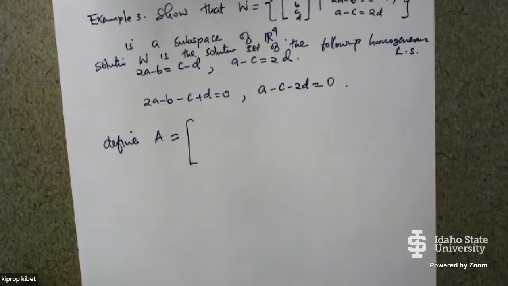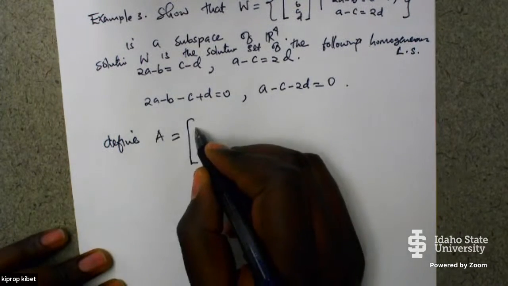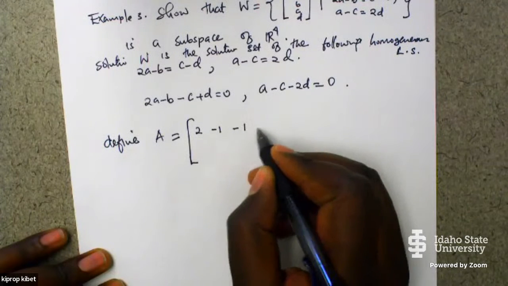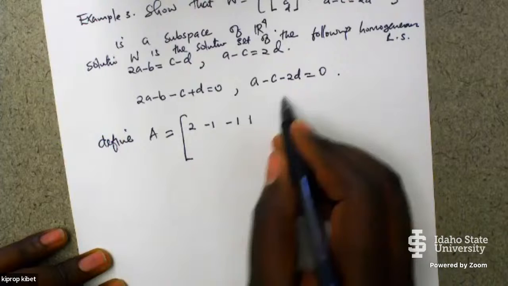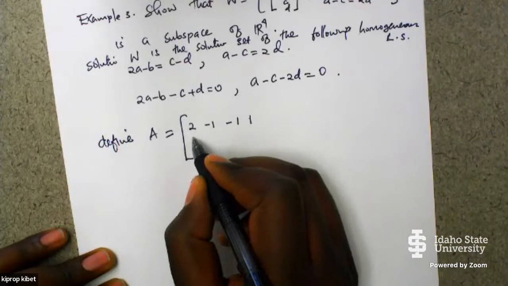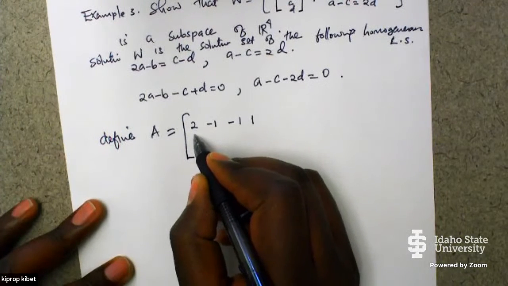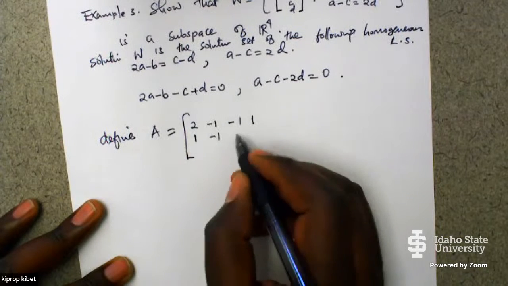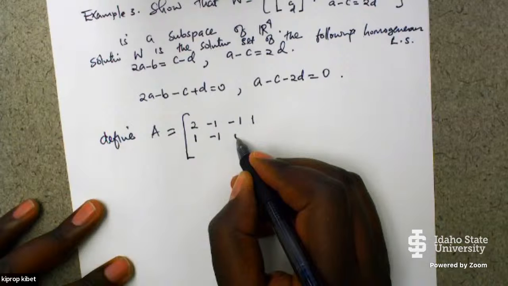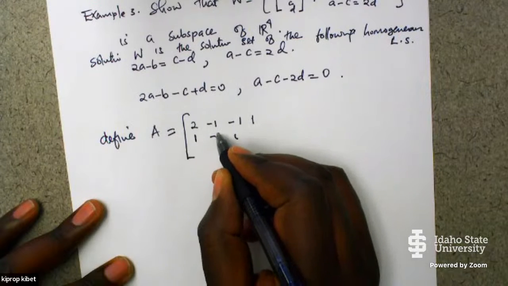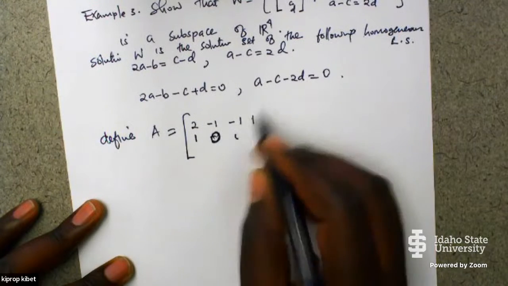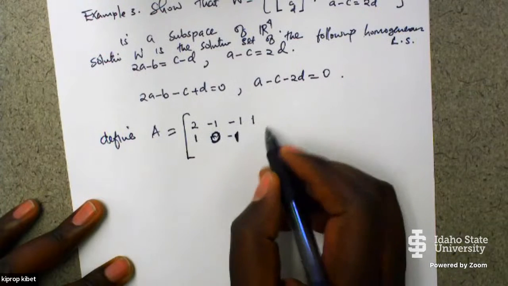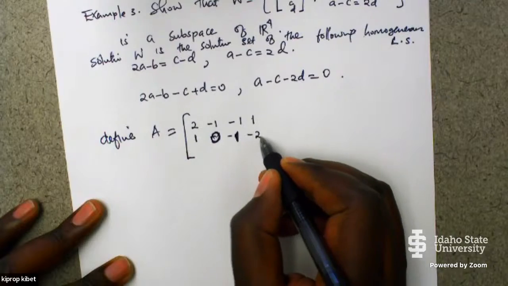So A will be our coefficient matrix, which will be of the form 2, minus 1, minus 1, 1, and then here we have 1, 0 for B, then C is minus 1, and D is minus 2.